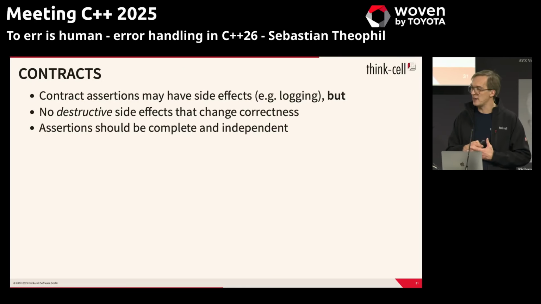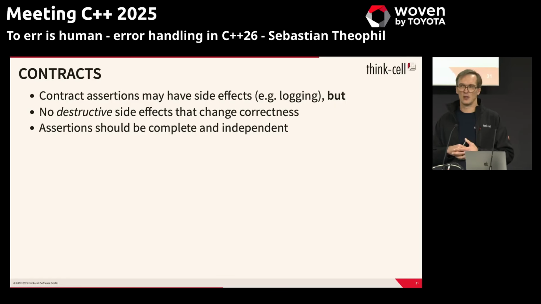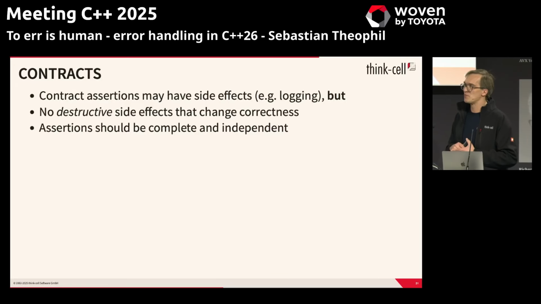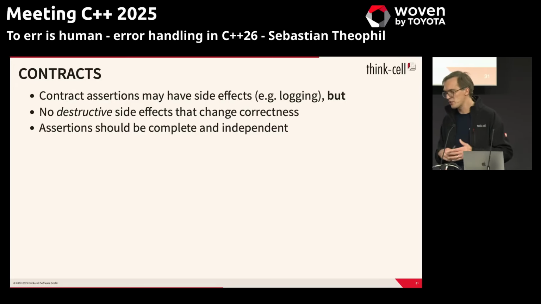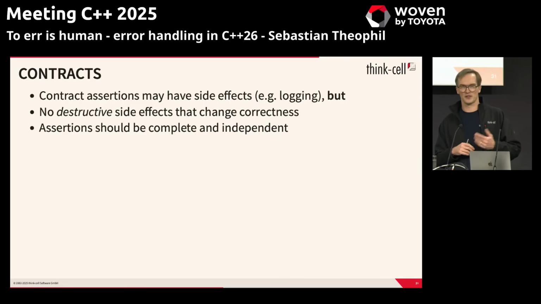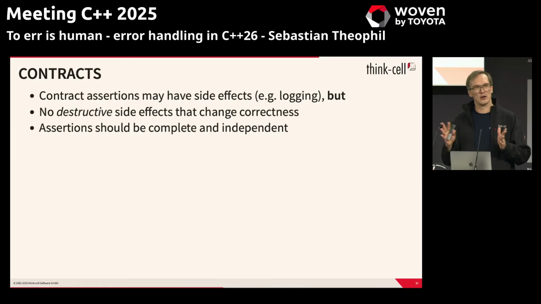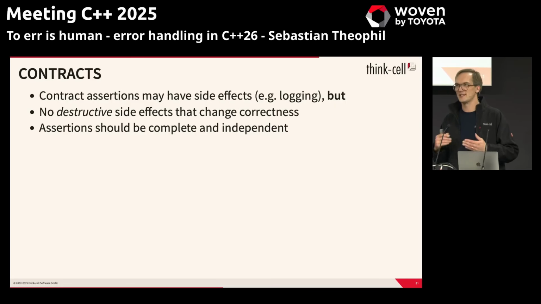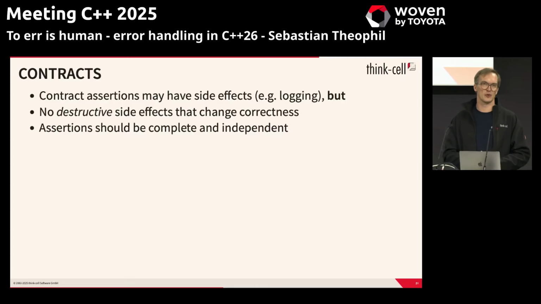Contract assertions are allowed to have side effects. Logging, for example, would be a side effect. But the paper says they're not allowed to have destructive side effects, which is kind of a not very well-defined difference. I think the difference is a destructive side effect would be a side effect that changes the correctness of your program.